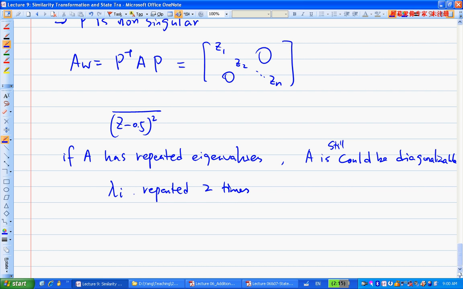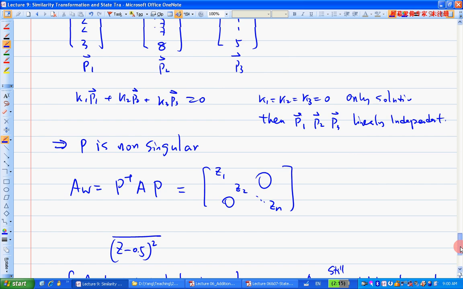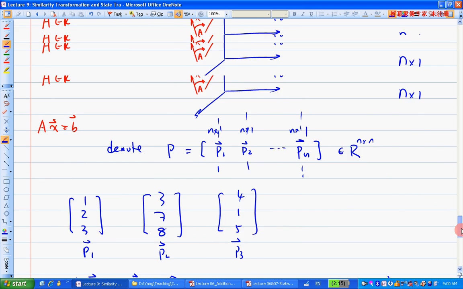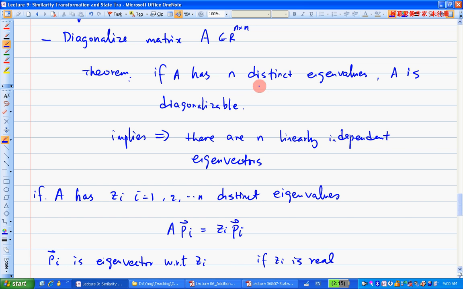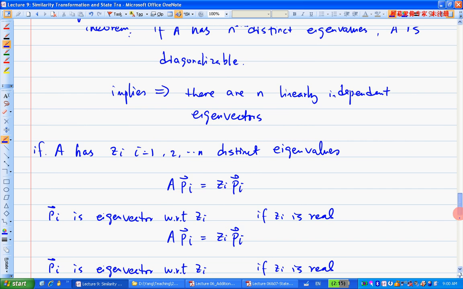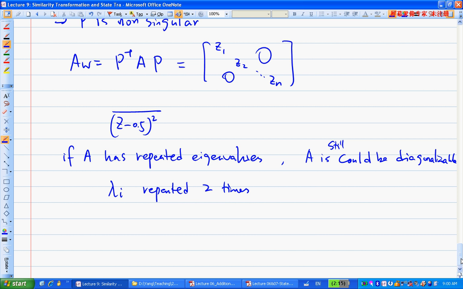We're not going too much into this, but in our case, we'll focus on the simplest case. Usually I'll give you matrix A with distinct eigenvalues, so it will be diagonalizable. Any questions so far? All right.